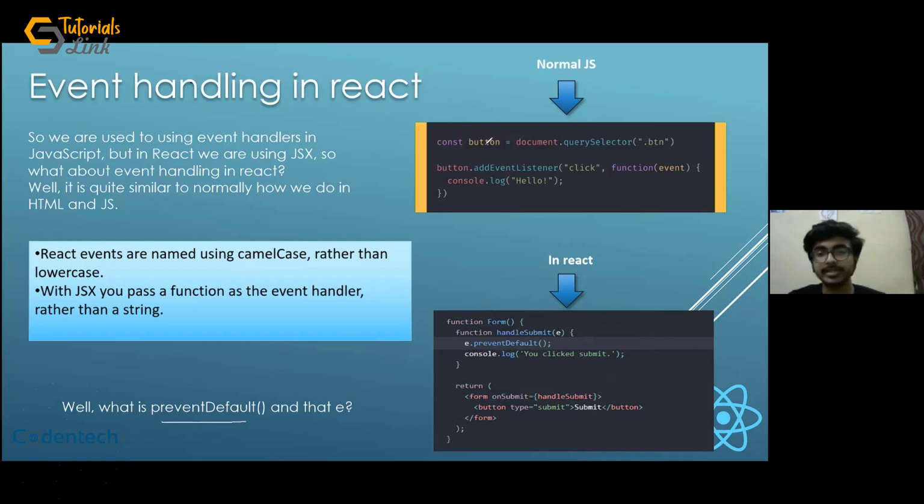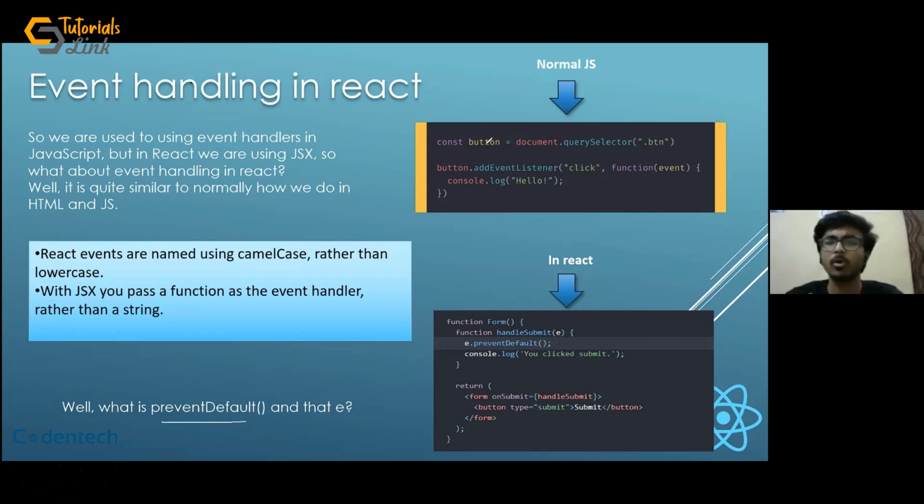Prevent default is this: when you work on React.js or on this form area, what happens when you click on submit or click anywhere is that the whole page gets re-rendered or refreshed, which means whatever is there on the website or on the page will get deleted and a whole new refreshed page will come.